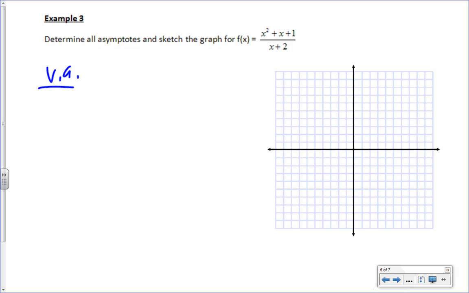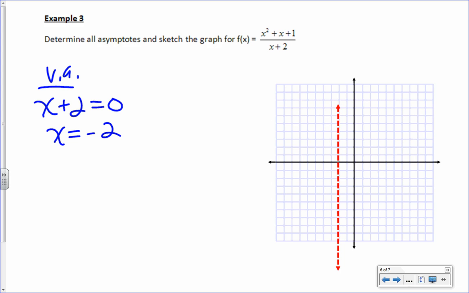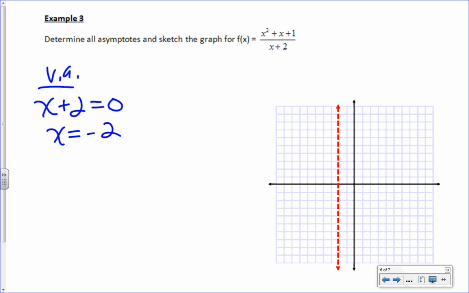Yeah, it's whatever's not in the domain, so set the denominator, once you look for holes, equal to 0. And so the value that is not in the domain is negative 2, right? So x equals negative 2 is definitely a vertical asymptote.